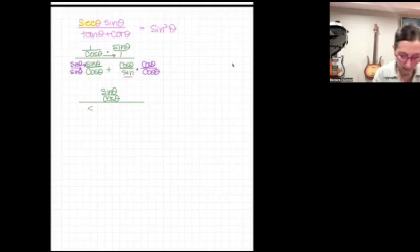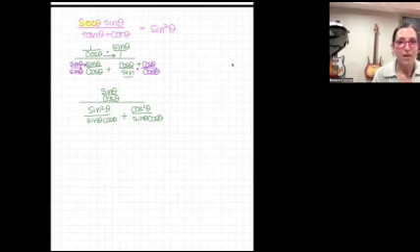So I have sine squared theta over sine theta cosine theta plus cosine squared theta over sine theta cosine theta. Now, some of you might already have realized that I have a Pythagorean identity in the numerator because sine squared plus cosine squared is 1.